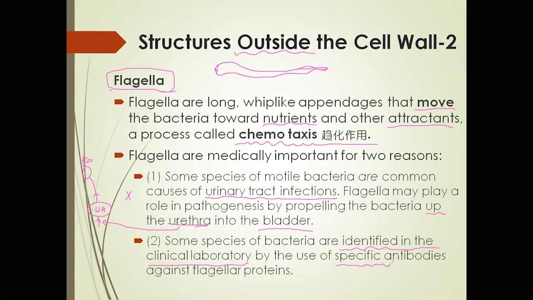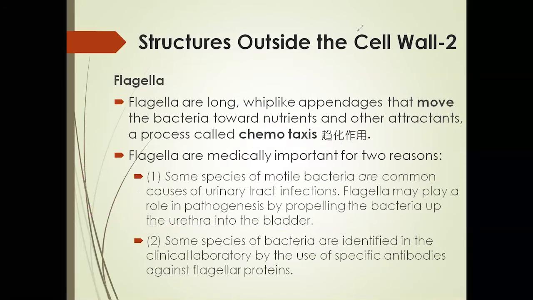We can make a specific antibody against it. The immunity part we will talk about in detail later. Generally, the first characteristic is not good for human beings, but the second one we can use against it. So that's the first structure.